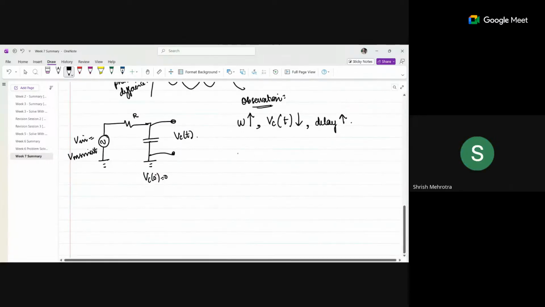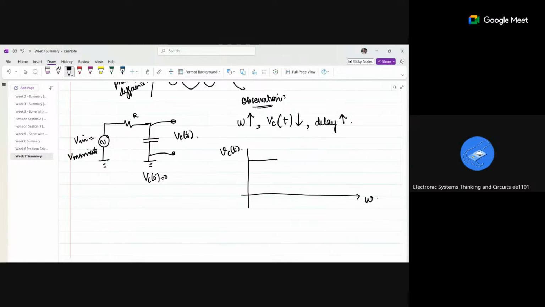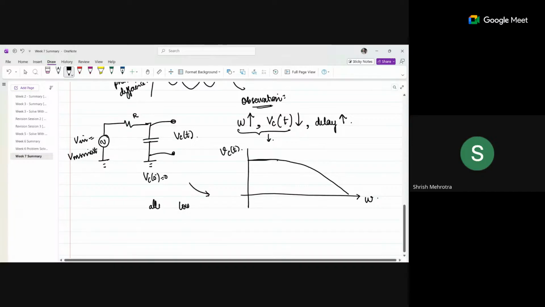So if I draw the frequency plot with respect to omega, Vc of t initially is high, but as omega increases, it is moving down, right? I am plotting this. So in this circuit, as omega increases, Vc of t decreases.